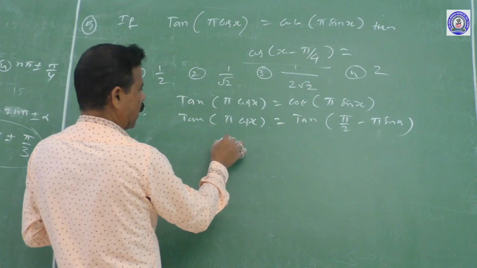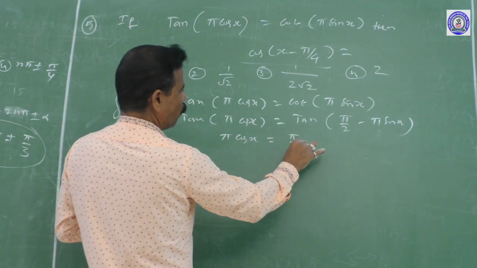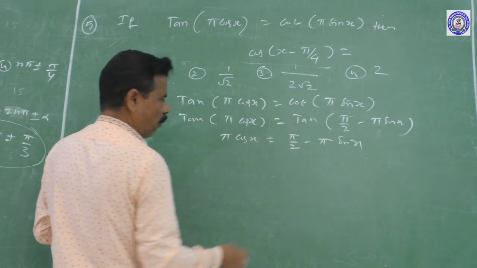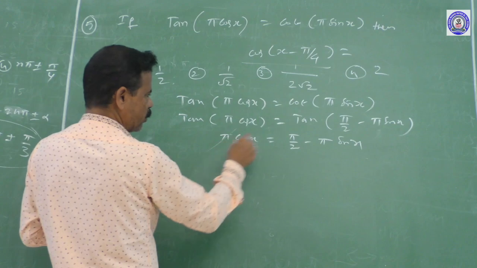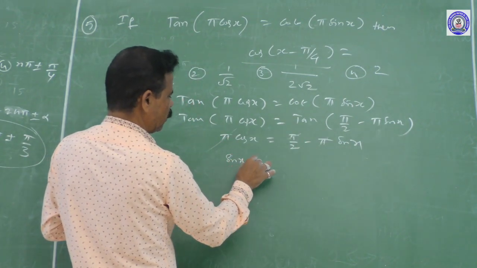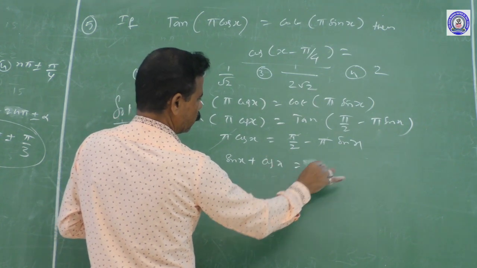So both sides tan cancellation. Here remaining 5 cos x is equal to 5 by 2 minus 5 sin x. On cancellation of 5, after that sin x plus cos x is equal to 1 by 2 coming.